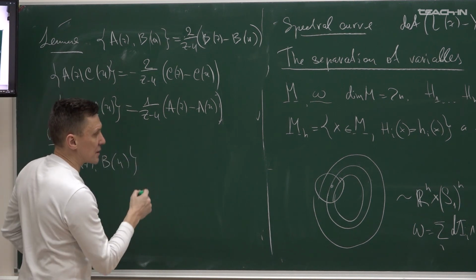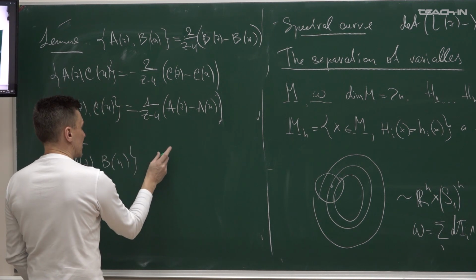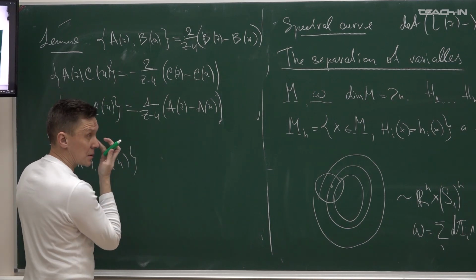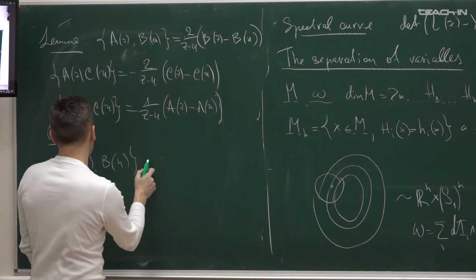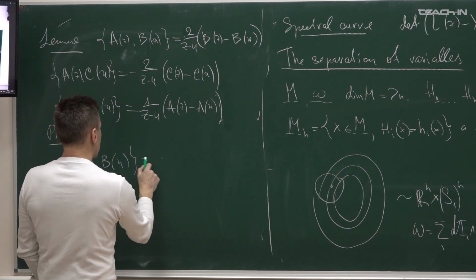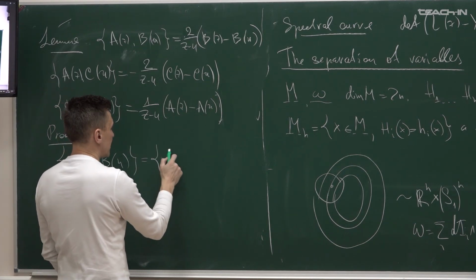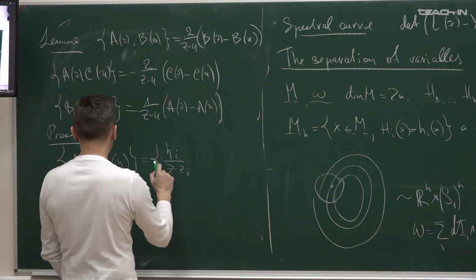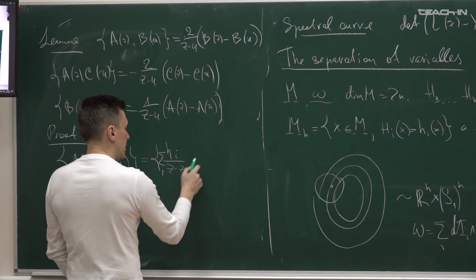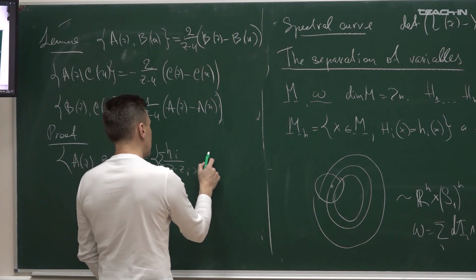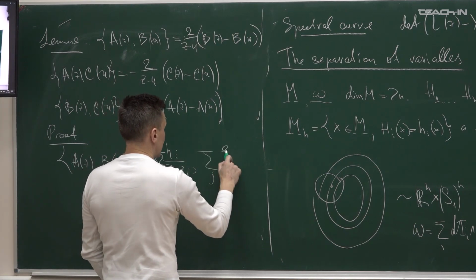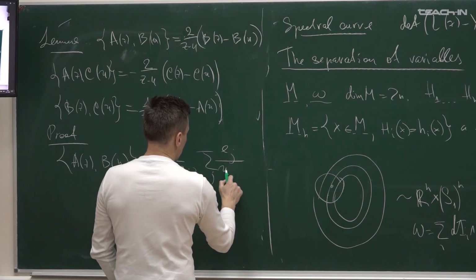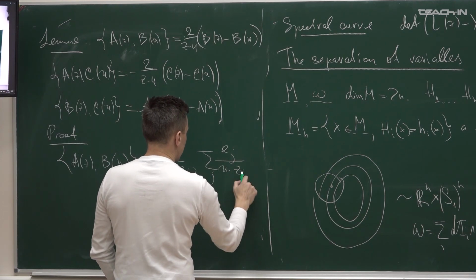We have calculated a very similar bracket in the previous lecture. So it is the Poisson bracket of the sum over i of h_i over (z minus z_i), with the sum over j of e_j over (u minus z_j). Sorry.